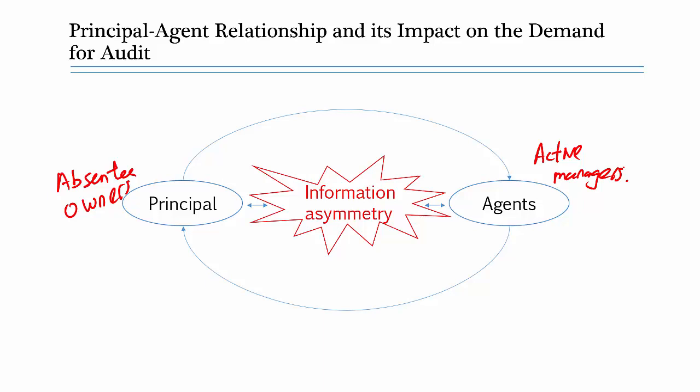And when the principal allows the managers to run the company, they require the managers to provide what we call a financial statement, your income statement and your balance sheet, for example, on a regular basis to the shareholders. The financial statements will then account to the shareholders how well the managers are running the business.